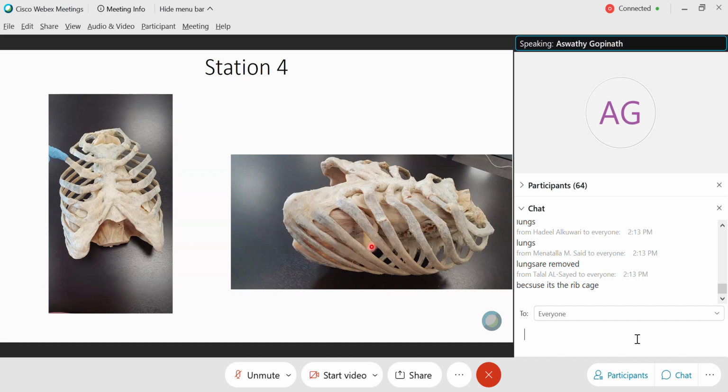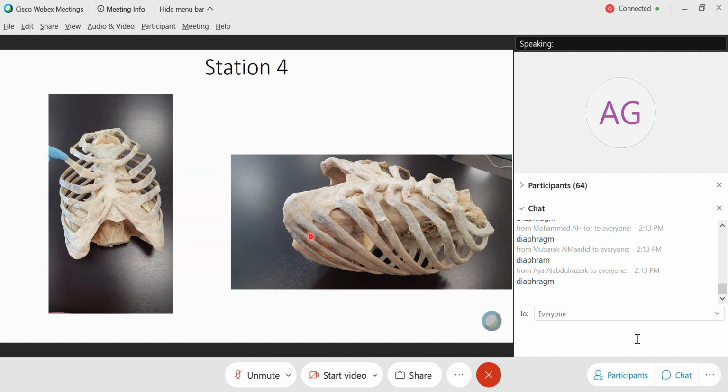And then can you see the structure where my pointer is? What is that? It's a dome-shaped structure which is going to separate your thoracic cavity. Yeah, exactly. So that's a diaphragm. Below the diaphragm will be your abdominal cavity. Nothing is there actually. What you see is a diaphragm with the heart in the mediastinum. Is that clear?